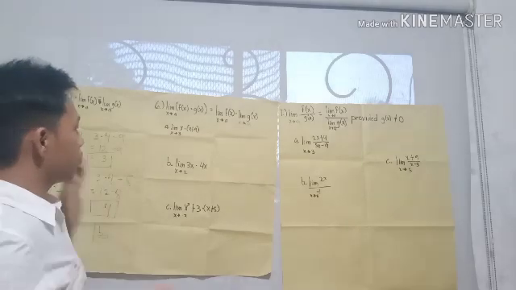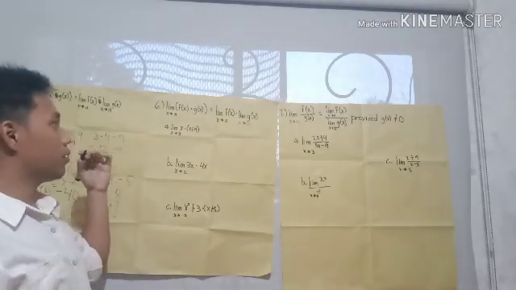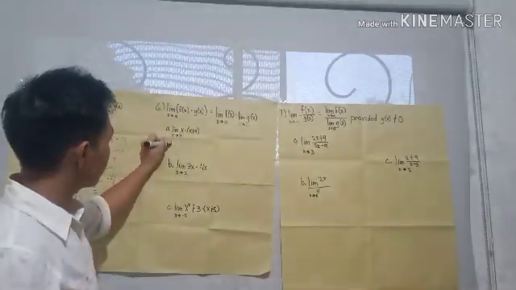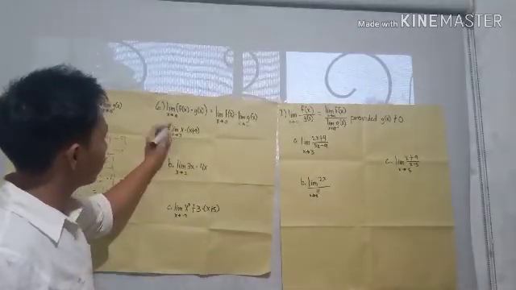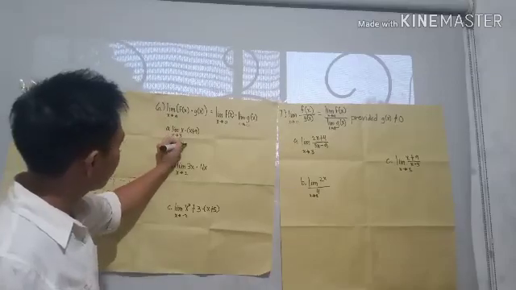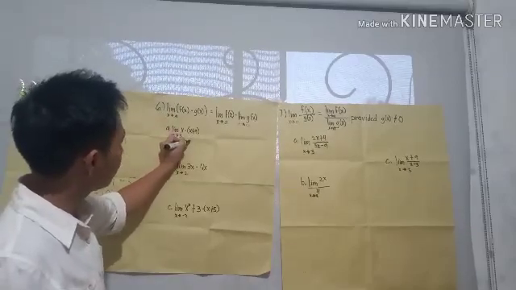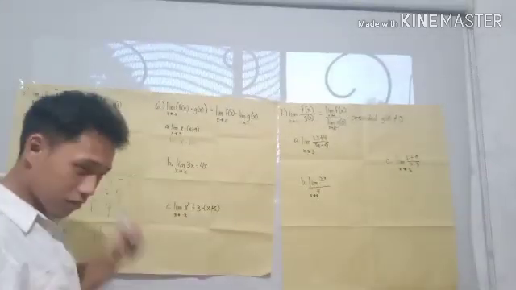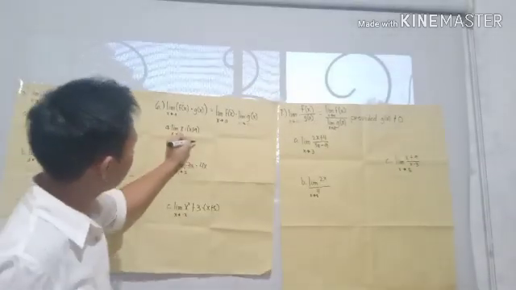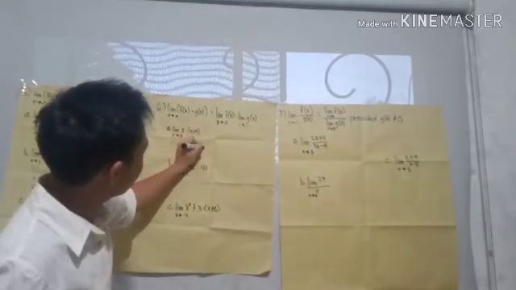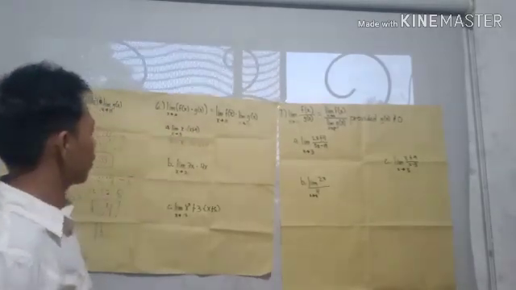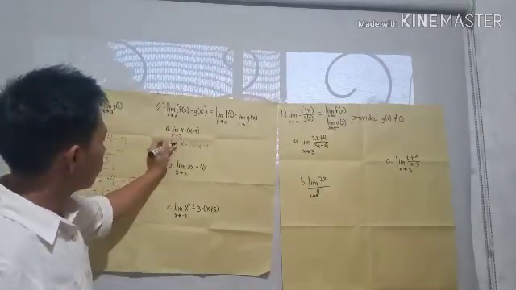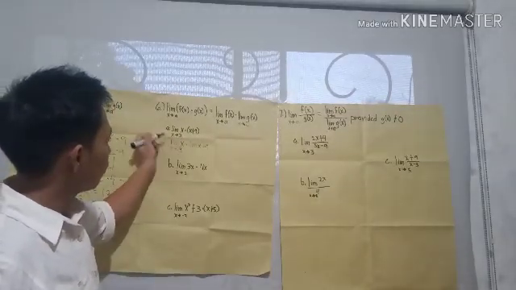So you add the limit to the other side like this, multiplied by limit x plus 9 as they both approach 2.